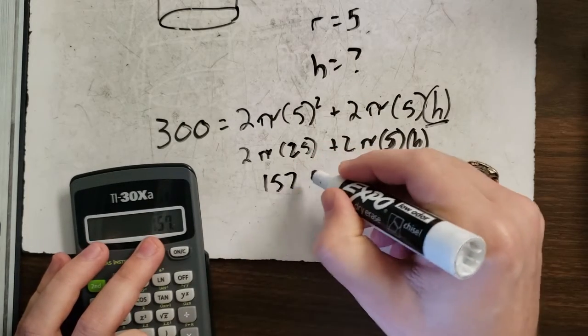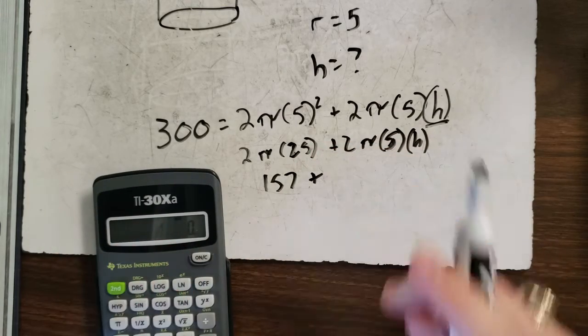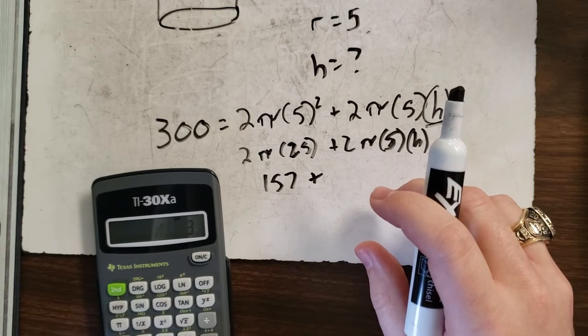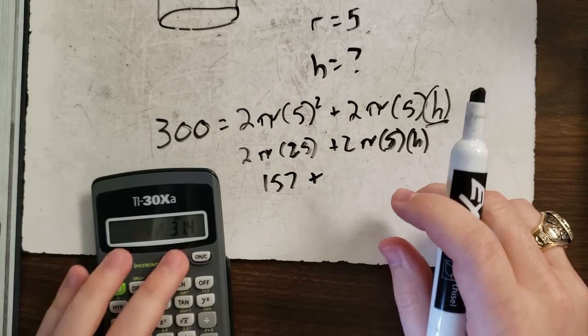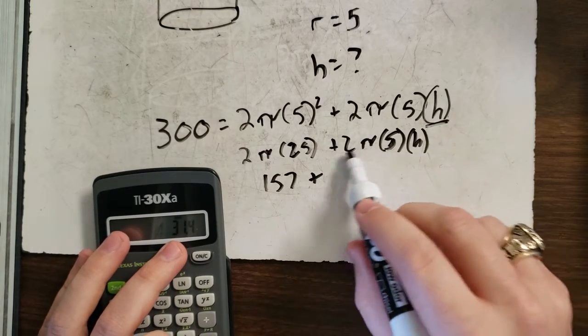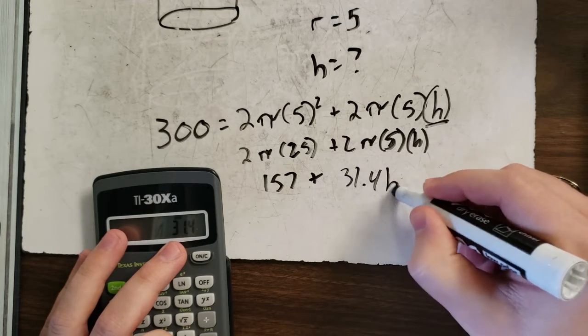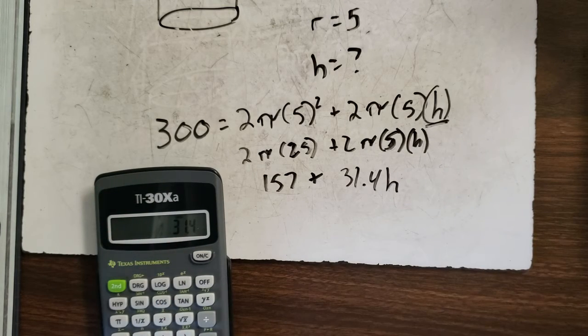So 157 plus, and then this part here, do what you can do, okay? You can do 2 times 3.14 times 5, 31.4, right? That's this part right here, 31.4. The h, you can't do anything with it. It just stays with it, okay?